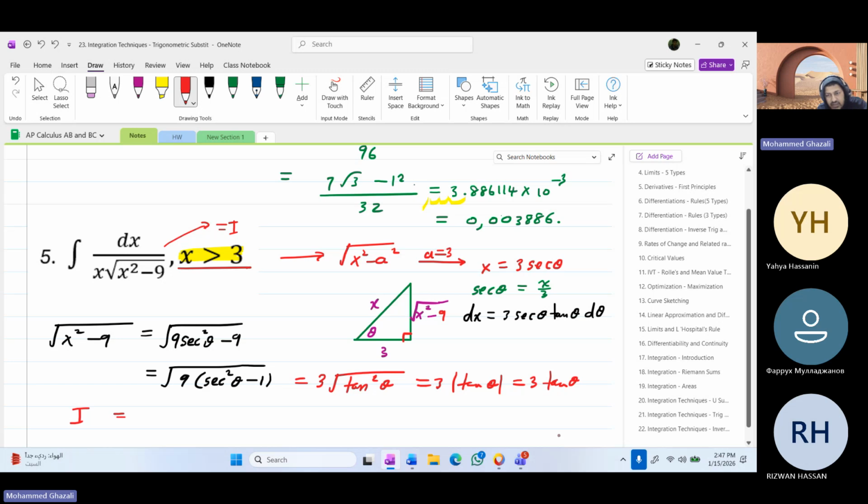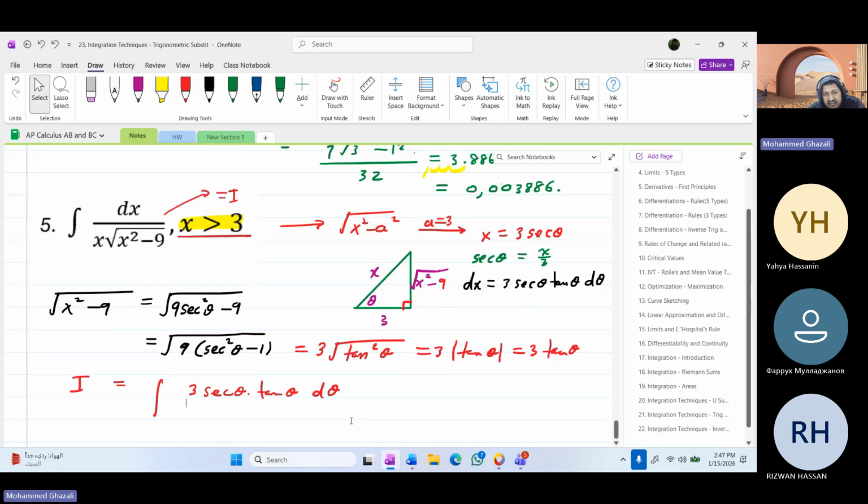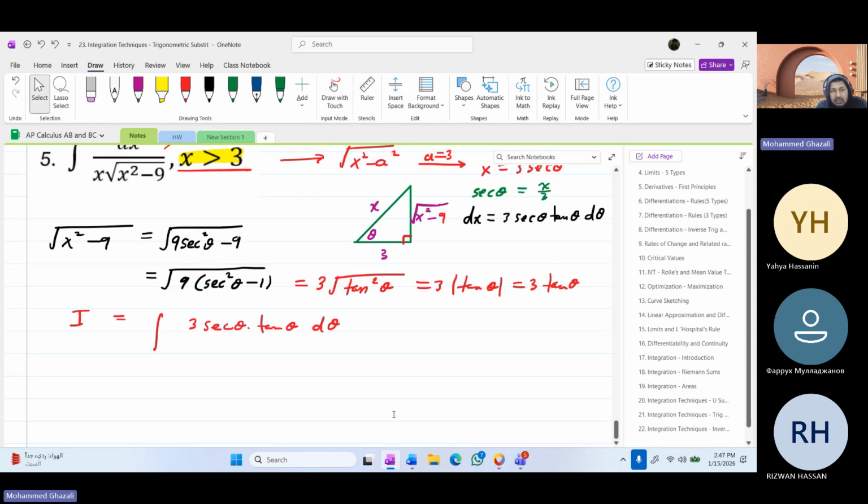Now, let's convert this integral. So the integral is now equals to integral of, what is dx? Dx was sec theta, tan theta, d theta, but there was a 3 there. Right. So we got 3 sec theta, tan theta, d theta, over, what is x? X is 3 sec theta.